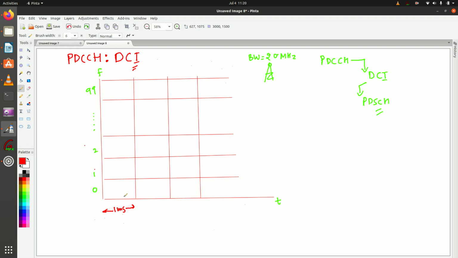Let's talk about the first TTI, the first millisecond. This is our UE, let's say UE1. One more thing you should keep in mind is that PDCCH is present in each and every subframe, because without decoding PDCCH you can't do anything.